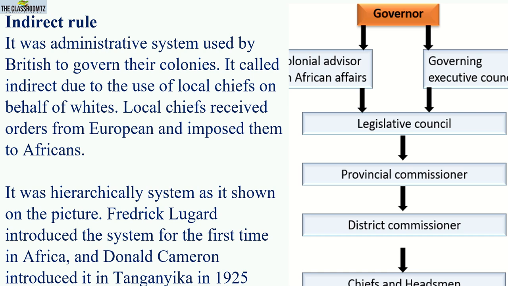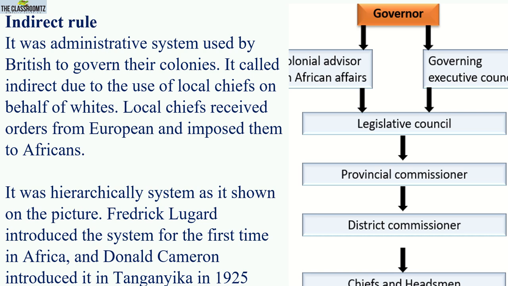So when the British took Tanganyika after the First World War, Donald Cameron in 1925 introduced indirect rule in Tanganyika. The first person to introduce this in Africa was Frederick Lugard, and in Tanganyika it was Donald Cameron. Remember, it was under the British.